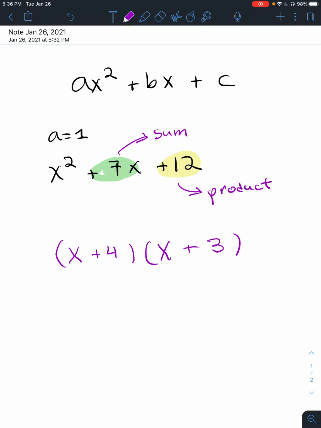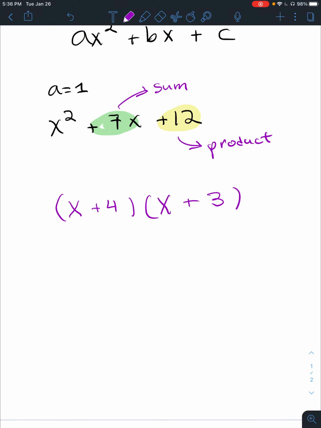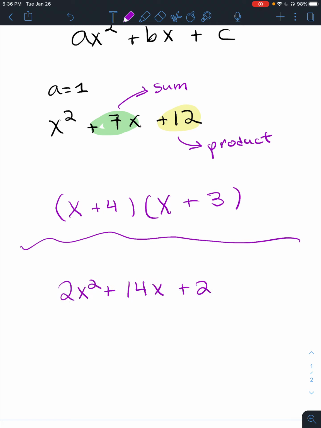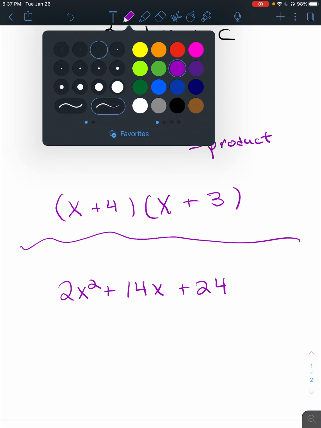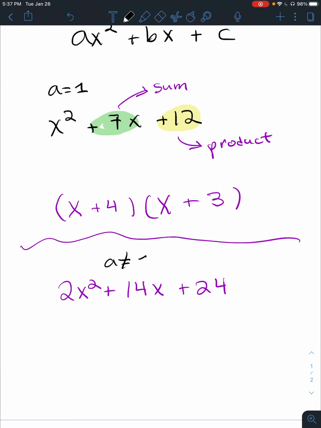Now we're going to move on to something that looks like this: 2x squared plus 14x plus 24. What I want you to notice is that a does not equal 1. I think about this in two different branches. When a is not equal to 1, you need to look for the greatest common factor first.